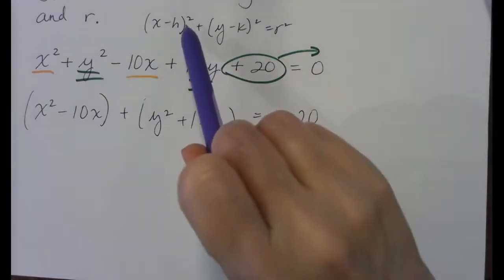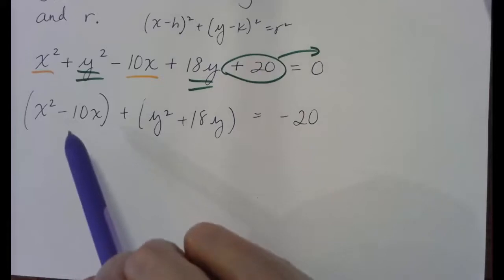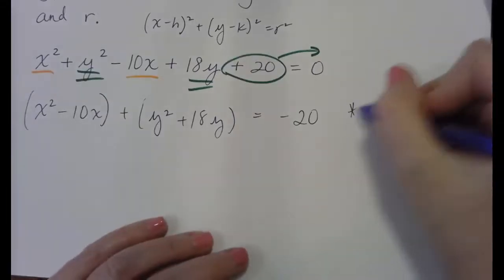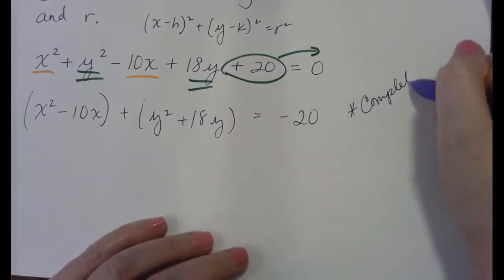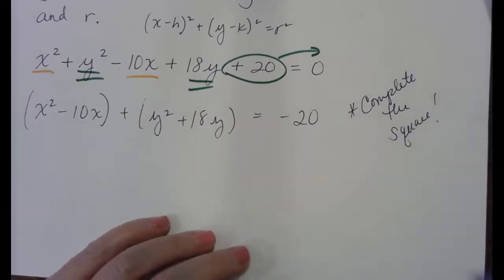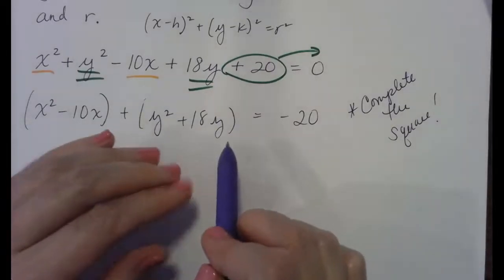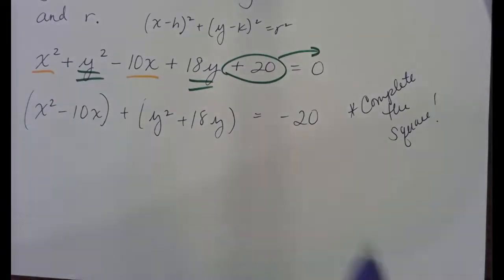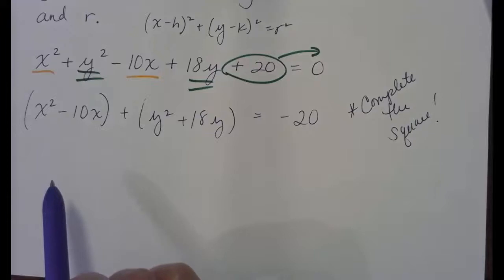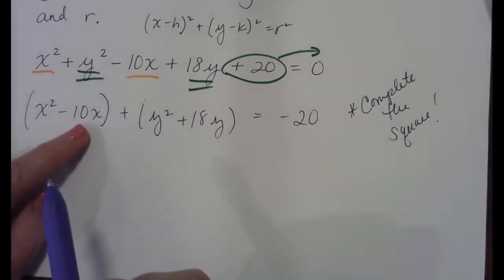Now, we need these to become perfect squares. They are not perfect squares. Therefore, we need to complete the square. Not once, but twice. We're going to complete the square on the x's and complete the square on the y's. So think back to what we spoke about in previous sections on how to complete the square. We go to that x term, also called the linear term.